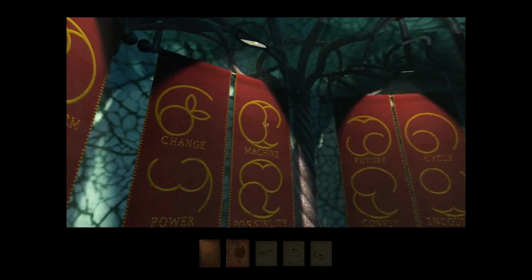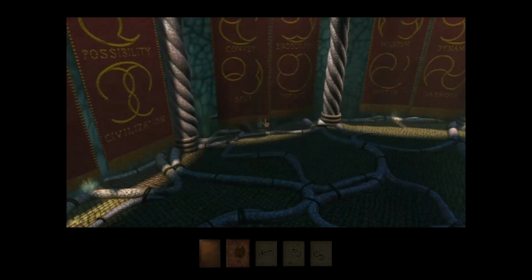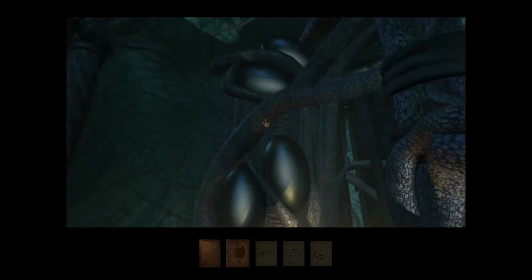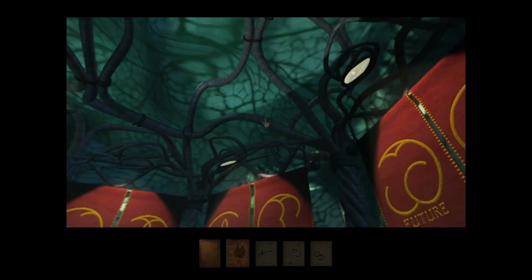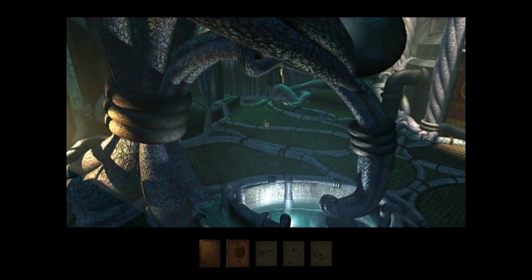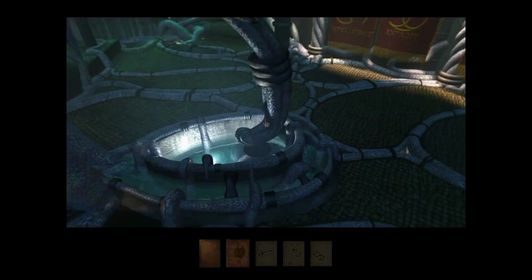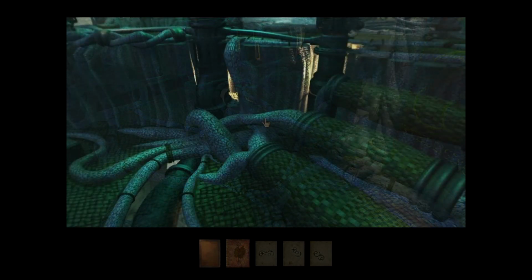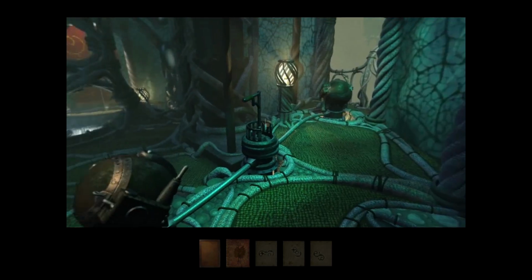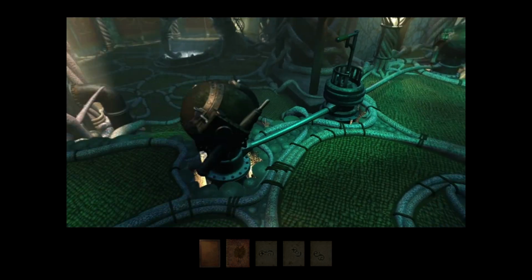And I feel like I could figure it out. And yet it still eludes me. I don't know what it could possibly be. Maybe a button's missing.